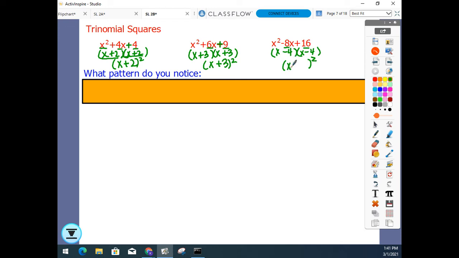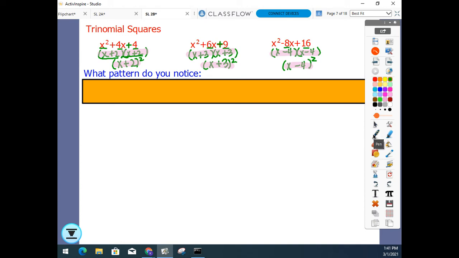So the pattern that all of these share is that when you factor it, your factors are exactly the same. So you can rewrite it as a quantity squared. This is how we're going to change into vertex form from standard form.